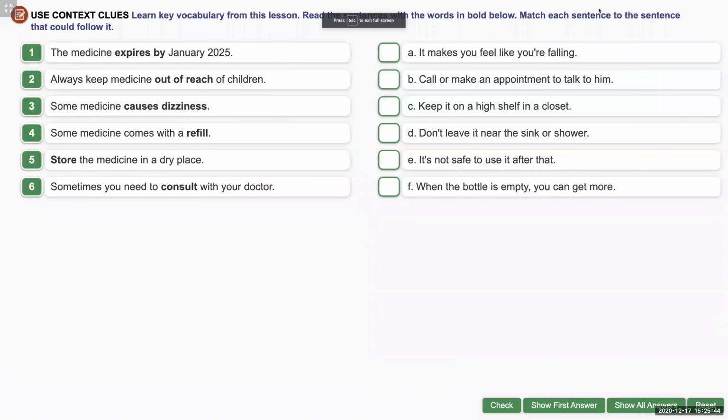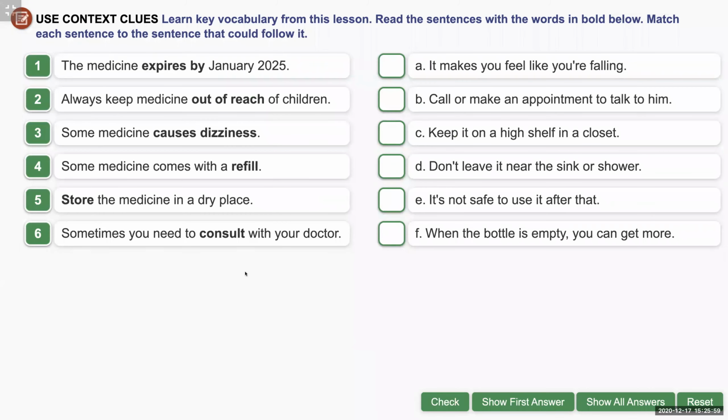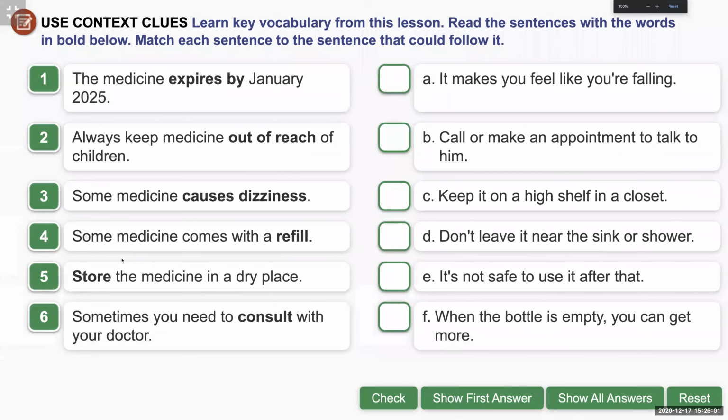Let's read the directions. It says, learn key vocabulary from this lesson. Read the sentences with the words in bold below. Match each sentence to the sentence that could follow it. So let me zoom in a little bit for those of you on your cell phone. We have the following information.